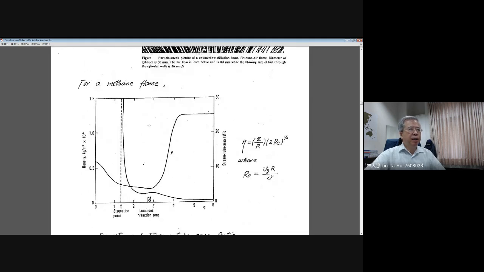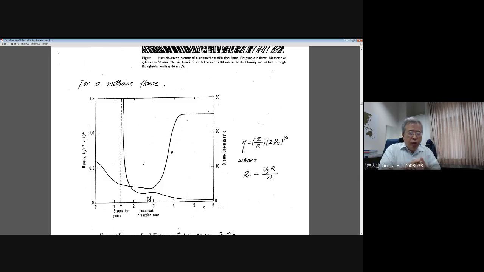In the plots they mention the stagnation plane is here at around 1.3 or so, and you will have a flame that exists very close to the 3. There is the luminous reaction zone, which means you can see this flame here. Now we look first at the strain tube area variation, starting very far away from the cylindrical burner.